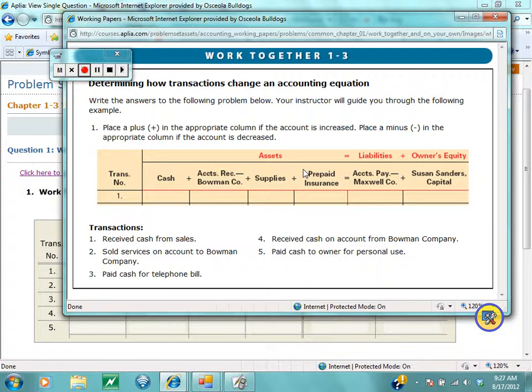It doesn't increase it, it decreases it. Okay, so when we pay cash, did our cash increase? No. We wrote a check, so our amount of money decreased. And our telephone bill is in the contra account, which is an expense account.